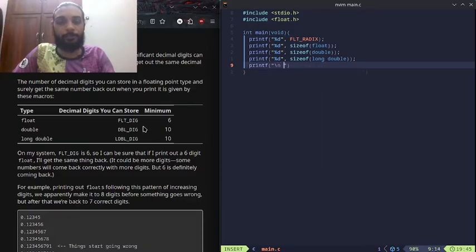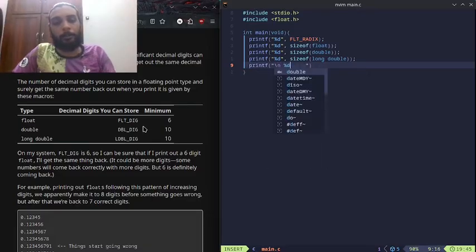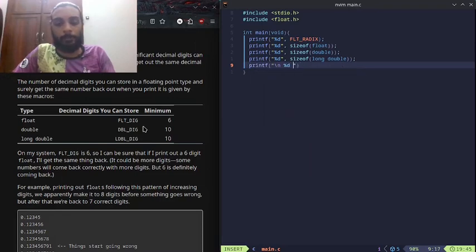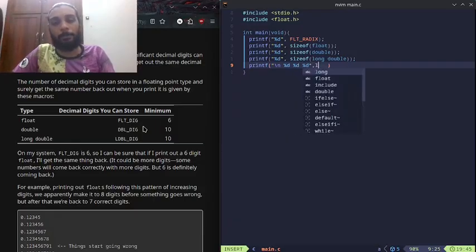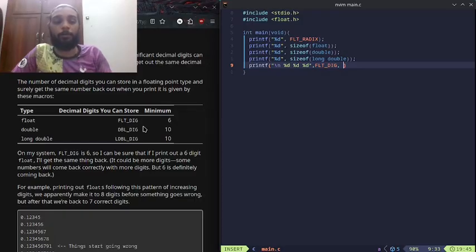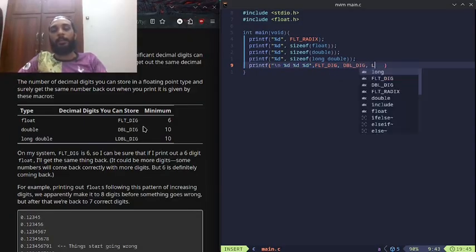I'm just gonna separate them. So we have float dig, the maximum number of decimal digits a float can store, and we have double dig, and we have long double dig.